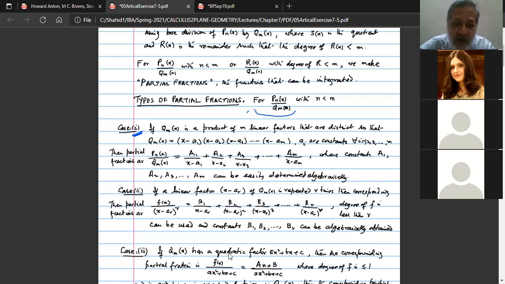If this is the case, then Pnx upon Qmx can be written as one constant upon the first linear factor, another constant upon the second linear factor, another constant upon the third, and so on and so forth.